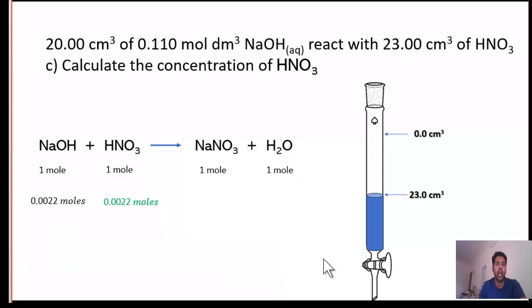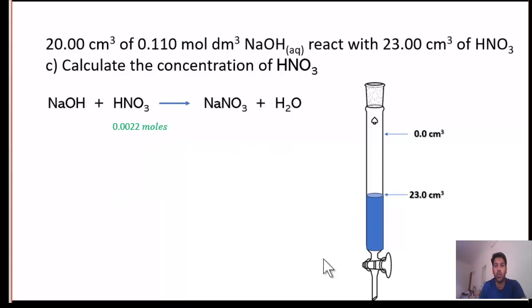So since you have done a titration, we understand that 23 centimeter cube of nitric acid was added from the burette, and 23 centimeter cube of nitric acid has 0.0022 moles. So when the solution of nitric acid, that is in 23 ml, has 0.0022 moles, then in 1000 centimeter cube, we need to find out the amount of moles.